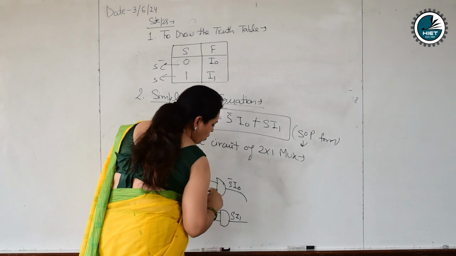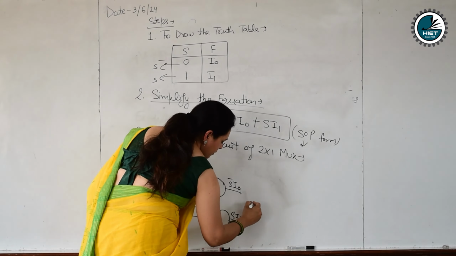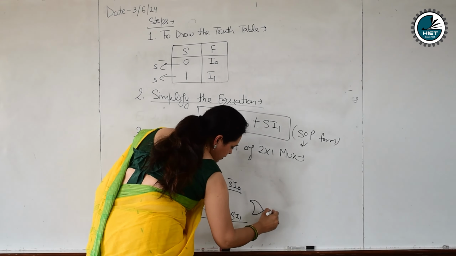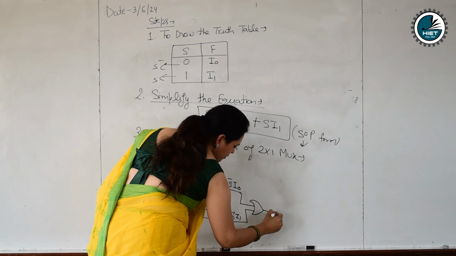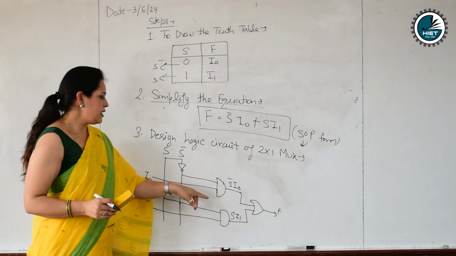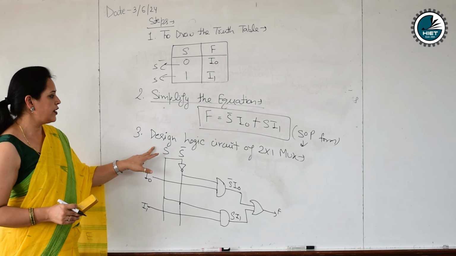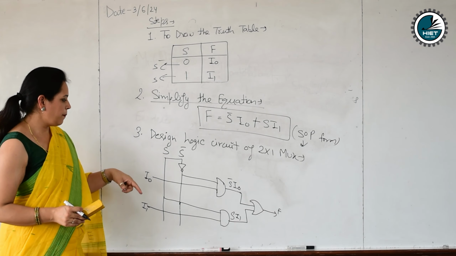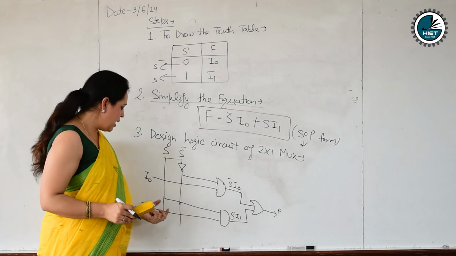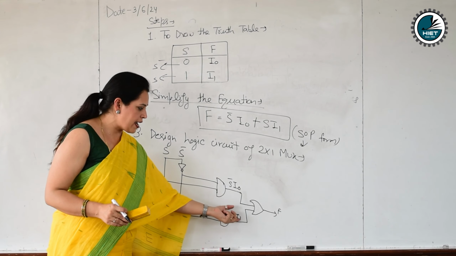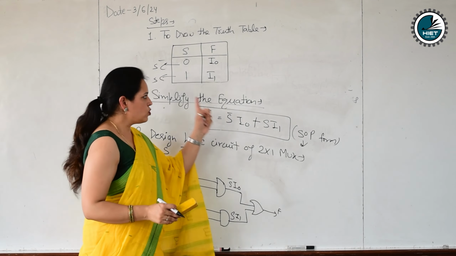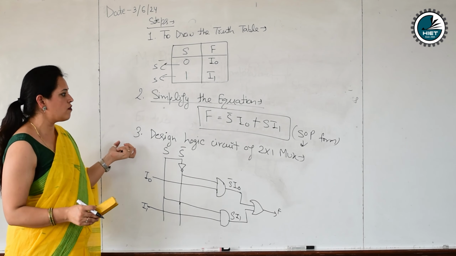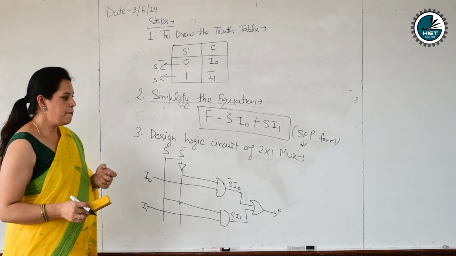With the help of an OR gate. So this is the final logic circuit design of the 2 cross 1 multiplexer. This is the S bar I0, and from this we got the S I1, and the OR gate addition finally gives F. So these are the 3 steps of the 2 cross 1 multiplexer.